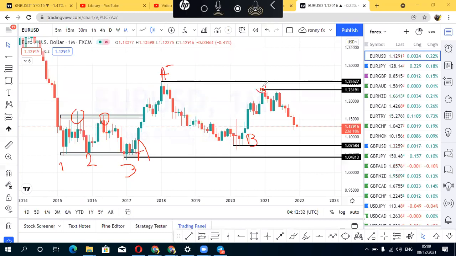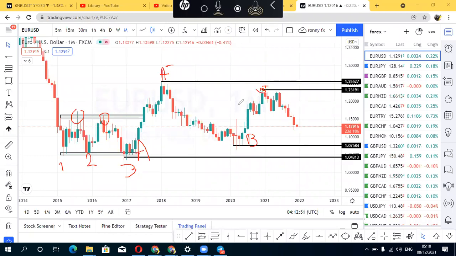We can basically draw a trend line from point A to point B and from point A plus to point B plus, because to draw a trend line we need at least 2 points at adjacent levels.